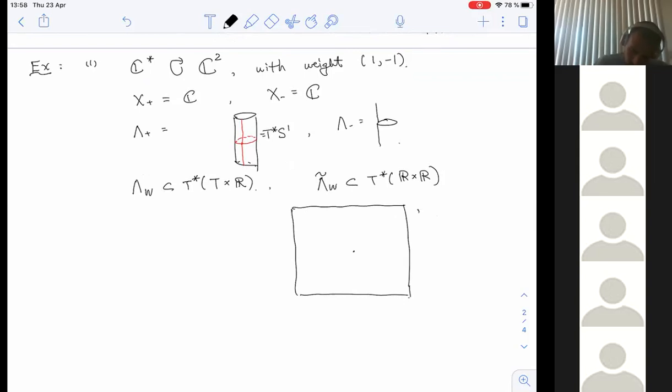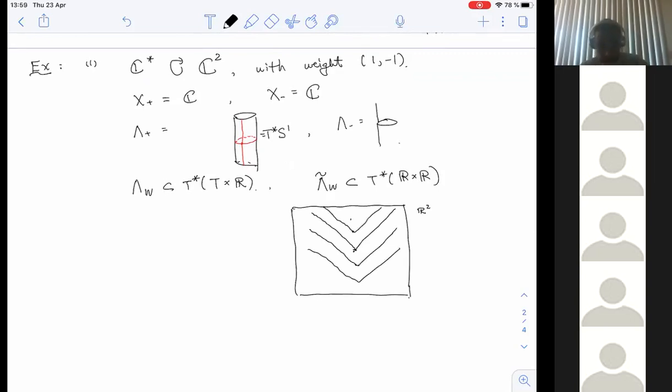So here's R2, and I'm going to draw something going off at 45 degrees, like that. And because it's periodic, I should draw this thing that's periodic in one direction. So I should draw something living in T star R2, but I can only draw its projection on the base R2.